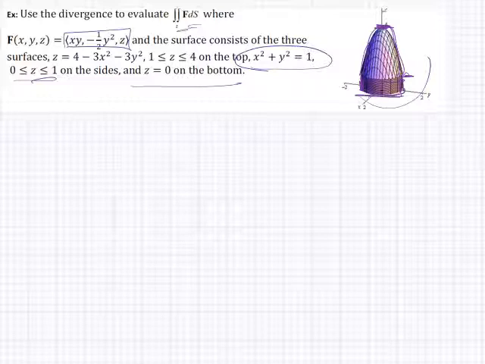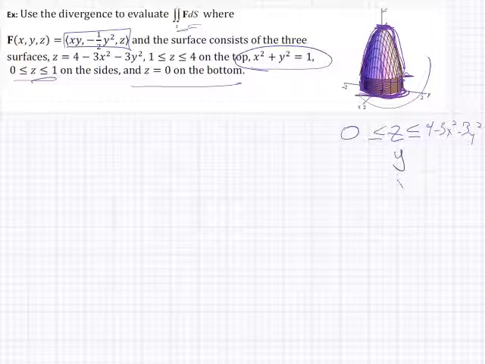But if we think about this as a volume, if I was to calculate this volume, it's really just this surface over this area. And so we could define this as, okay, Z is between 0 on the bottom and 4 minus 3x squared minus 3y squared on the top.